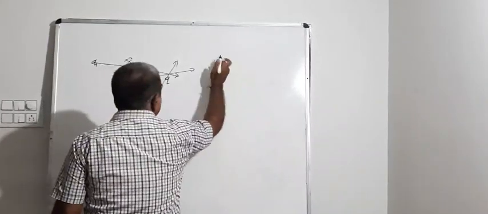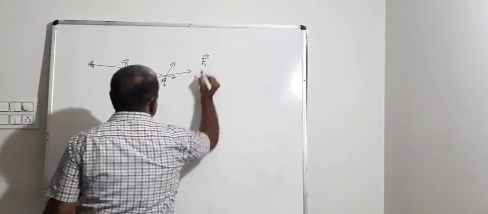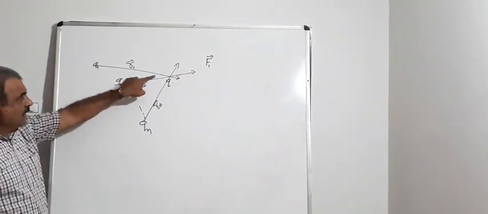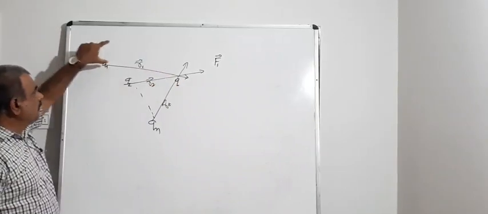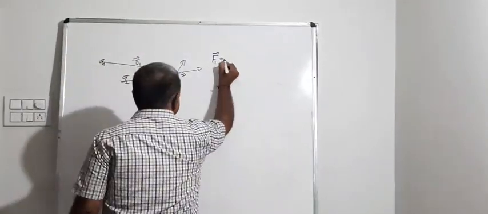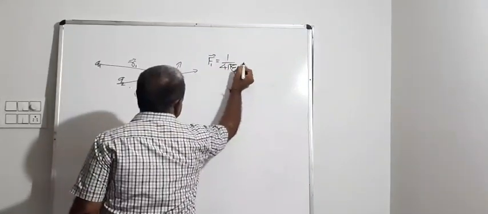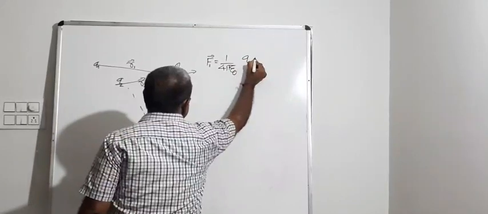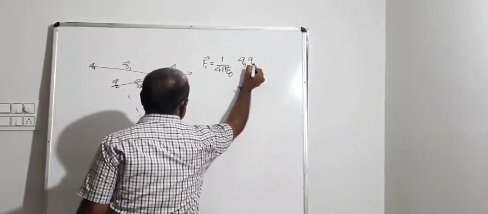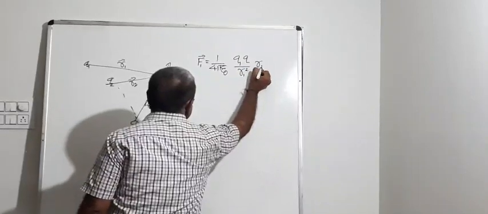In that case, if F1 is the force acting on charge q by charge q1, then it is 1 over 4 pi epsilon 0 q1 q by r1 square, and for direction it is r1 cap.